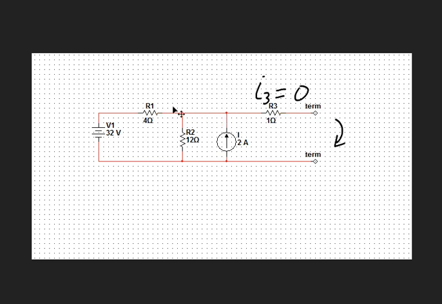So we are going to be focusing particularly at this node right here, because this node will give us the voltage that will be dropped across this resistor, which will tell us what voltage will be appearing here. So this voltage would be our V Thevenin, as it is parallel to this terminal here.